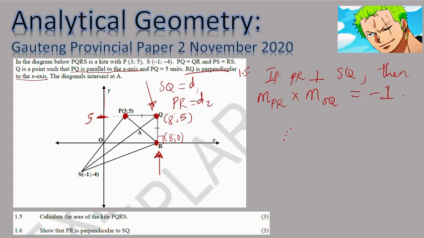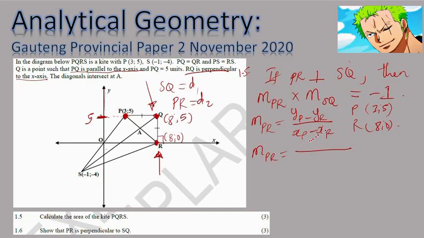You see that? Which means now we have to find the gradient of PR. So that is y at P minus y at R all over x at P minus x at R. I need to write those coordinates here now. P and R. What are the coordinates for P? That is 3 and 5. What are the coordinates for R? That is 8 and 0. This way. Now I do my substitution.